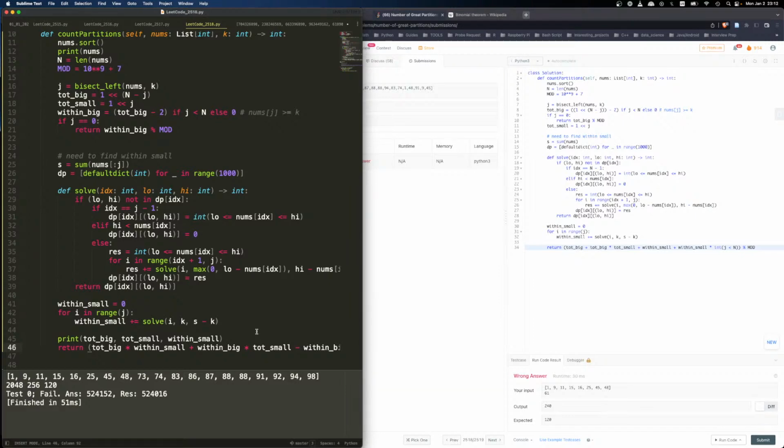And then we have within small total. So we have 1, 0, that'll be 0, 1, 1 and a 1 1. Right, this is overlap.